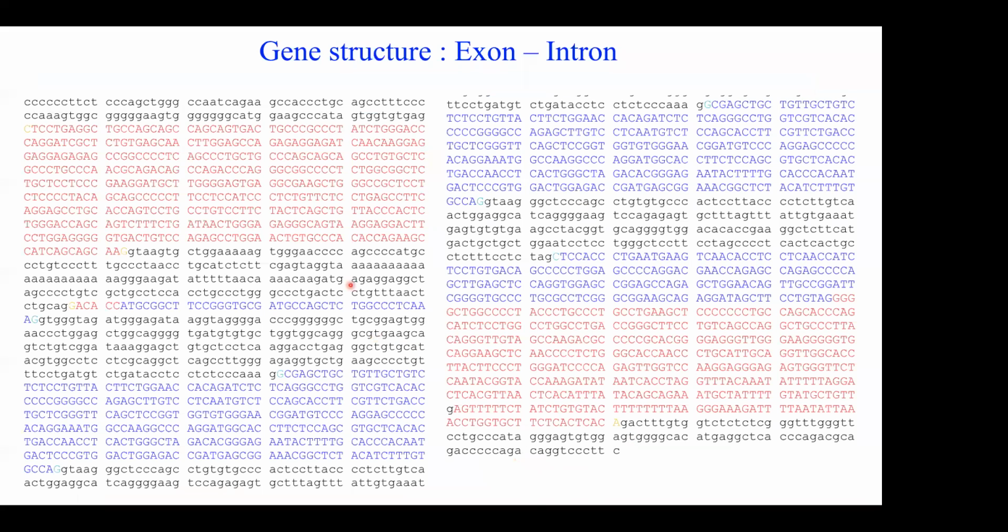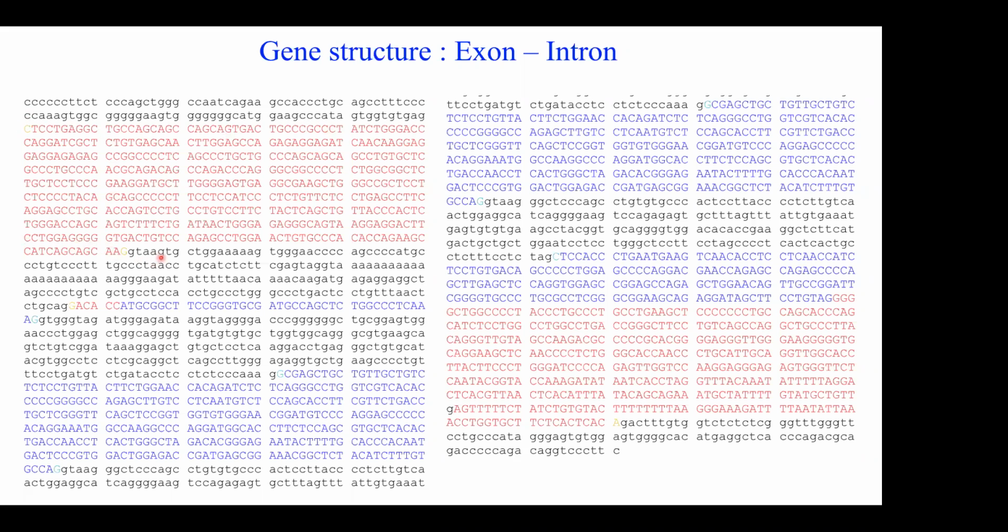Here I showed different colors. This red region is the 5' UTR, the 5' untranslated region. The gene transcription starts from here.